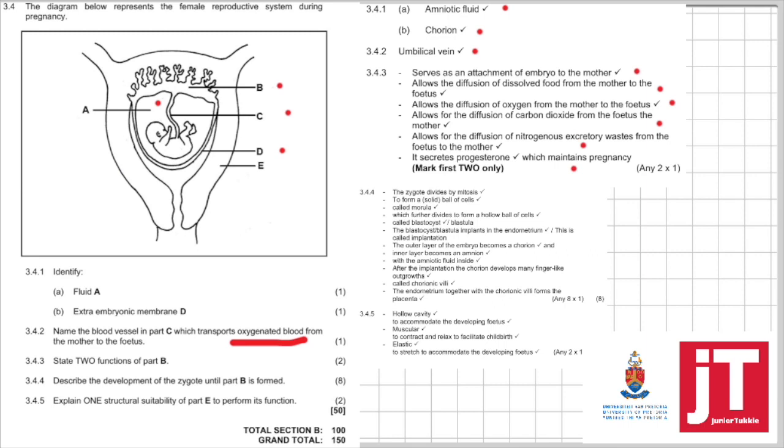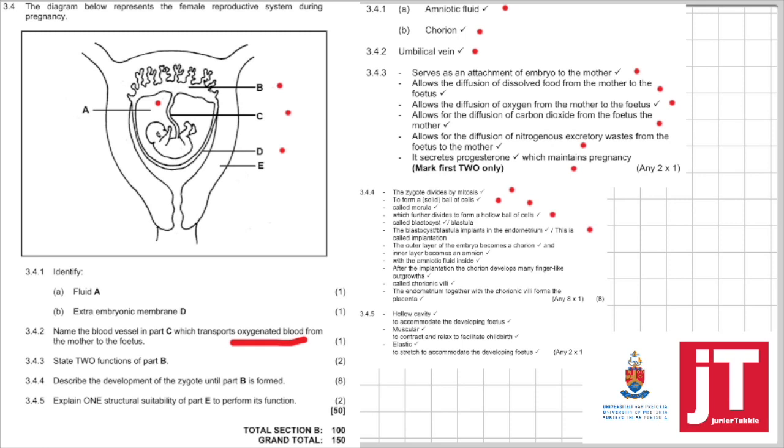Then 3.4.4. Describe the development of the zygote until part B is formed, until the placenta forms. So the zygote divides by mitosis to form a ball of cells called the morula, which further divides to form a hollow ball of cells called the blastocyst. The blastocyst implants in the endometrium. This is called implantation.